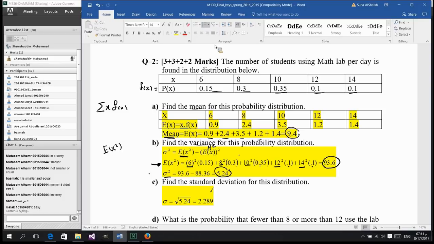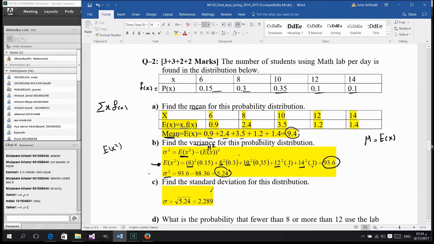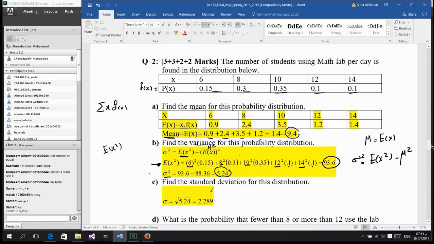So the x needs to be squared. Easy. Mu is the expectation of x, the same x. Sigma square is the expectation of x square minus mu square. The expectation of x square is not the same, because the x must be squared.